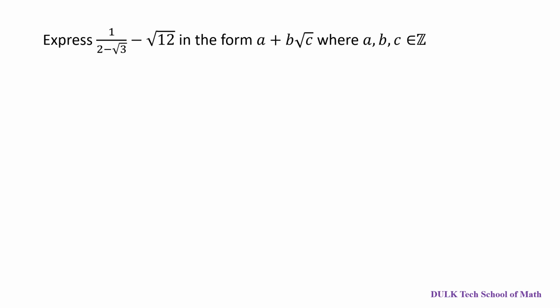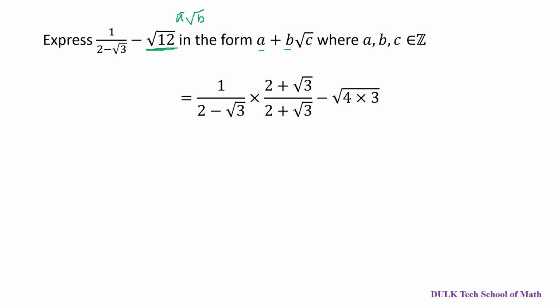If you look at root 12, we have to express root 12 in the form a root b first, where this a and b that I'm talking about are different from this a and this b. Right, so at the same time we'll be rationalizing the denominator.